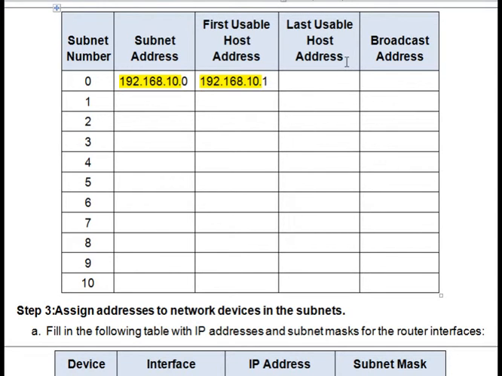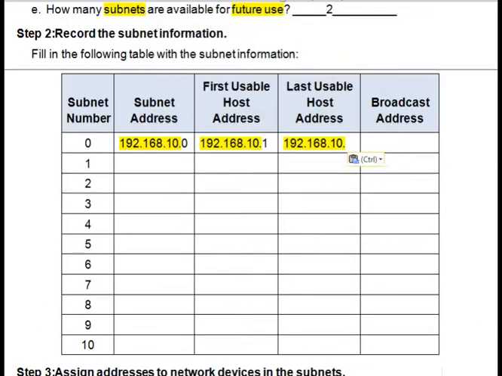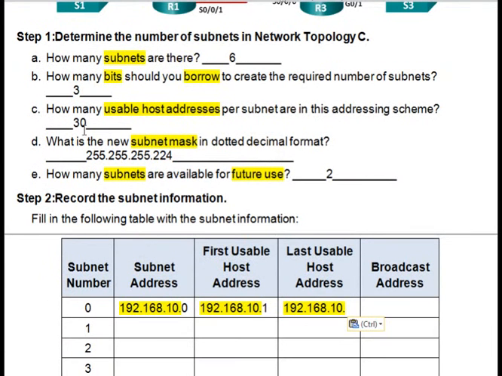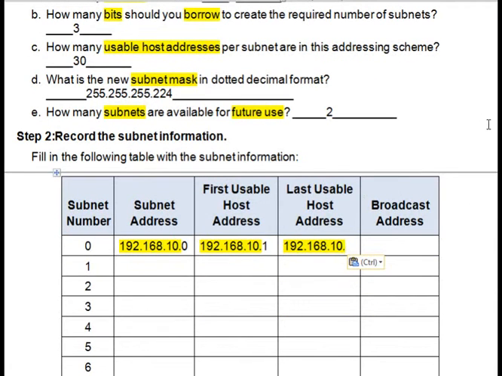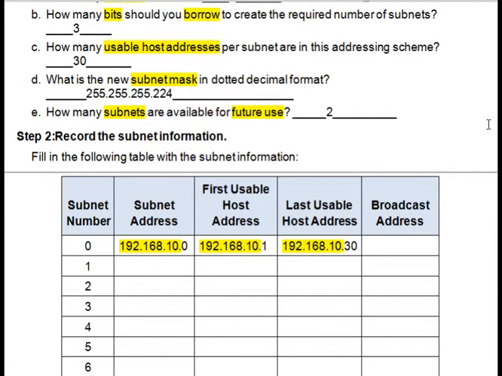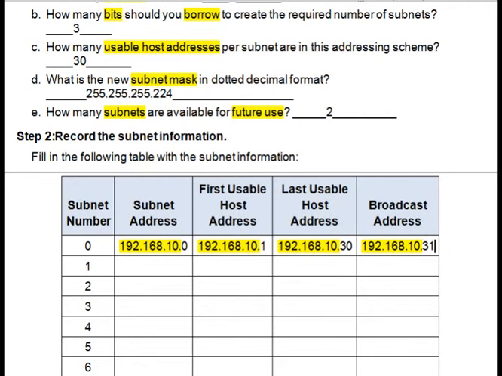Okay, the last usable host address is actually 192.168.10.30. To do this, let's go on top and look at our question over here. The number of usable host addresses per subnet is 30. Okay, and the broadcast address will be 192.168.10.31. So that is the address for the first subnet, subnet 0.